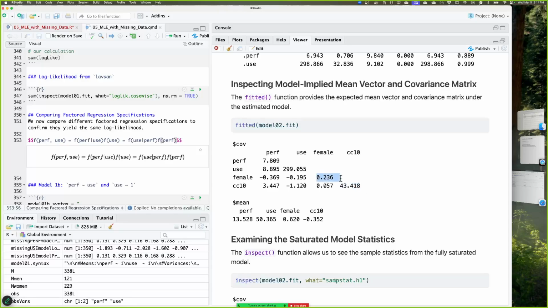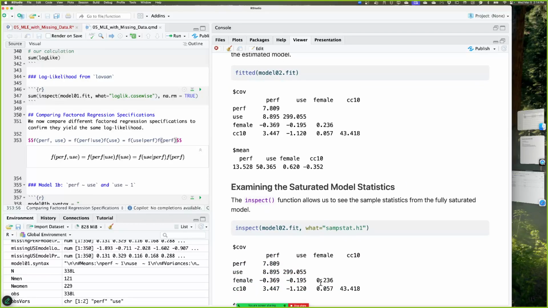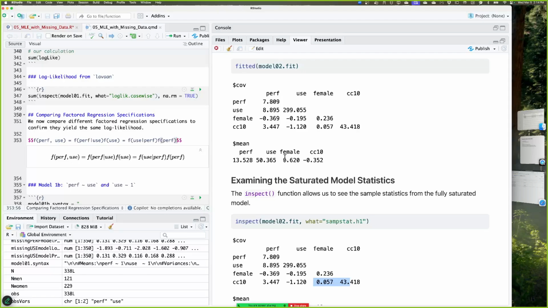We don't have a variance of female, and we do not have a covariance between the two of them. We did not estimate them, but the values plugged in are the values from the sample statistics. So here it runs sample statistics on those, and it plugs the values in as if we had estimated to saturate the covariance matrix. Same thing with the mean. We don't have an estimate from our model, but we could calculate a mean in our data, and that's what it's doing.